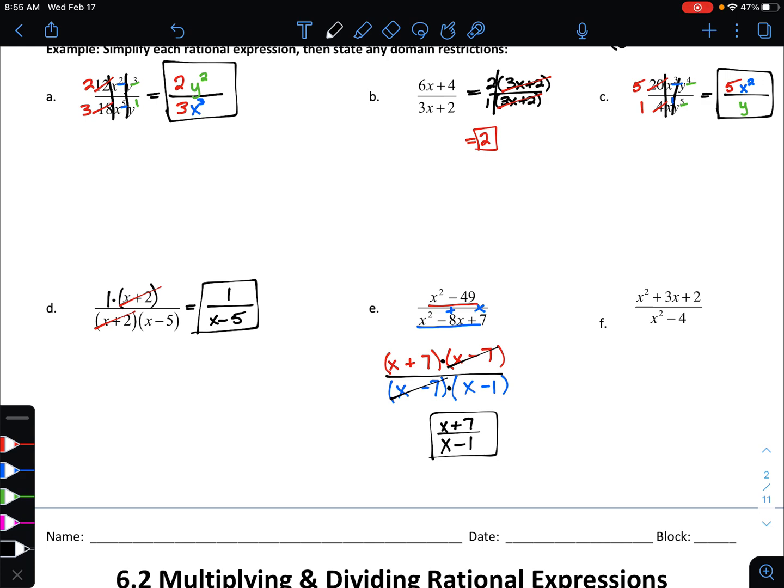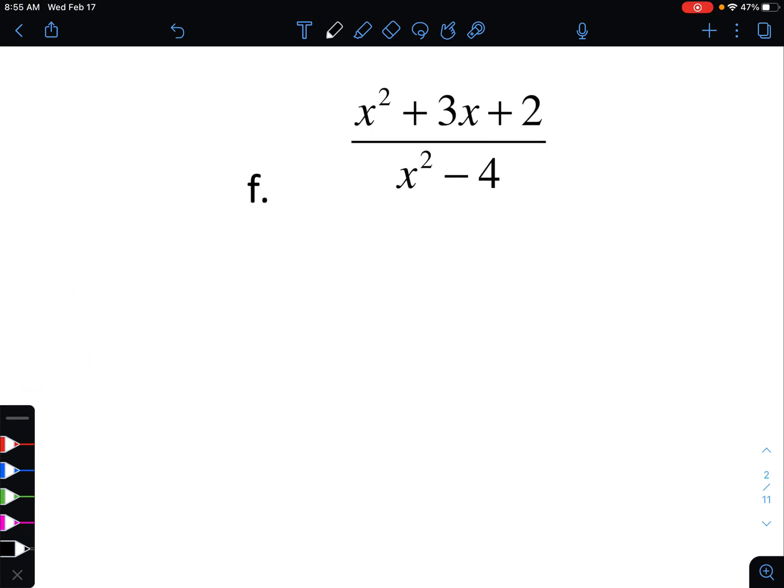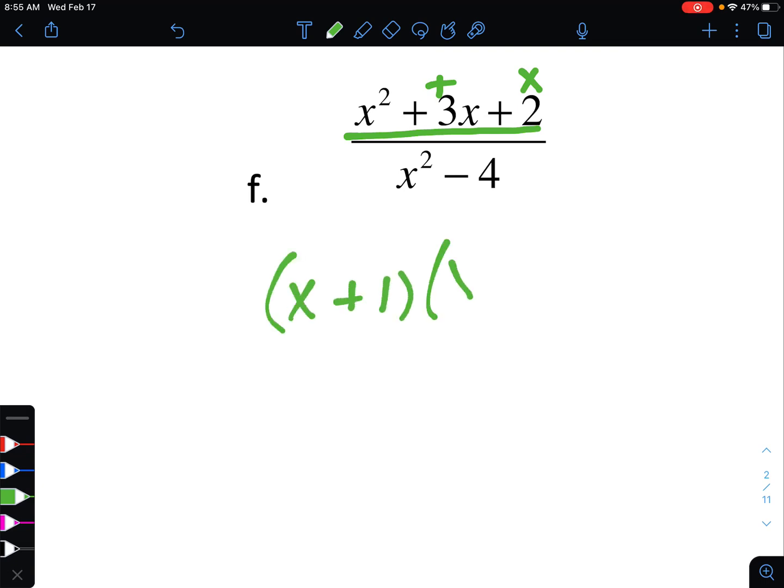Finally, for F, we're going to look at x squared plus 3x plus 2 over x squared minus 4. Once again, since there is not multiplication right away, we're going to look to factor and create that multiplication. So with our numerator being three terms, we're going to look for numbers that multiply to be 2 and add to be positive 3, which it looks like the two numbers that would work would be x plus 1 and x plus 2.